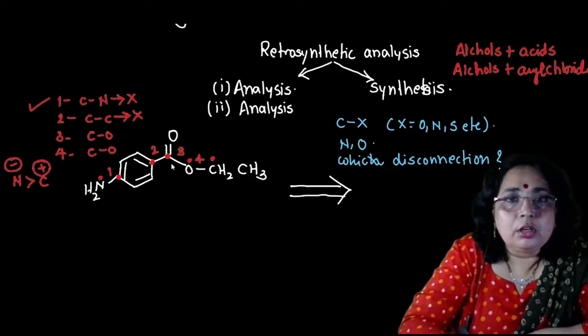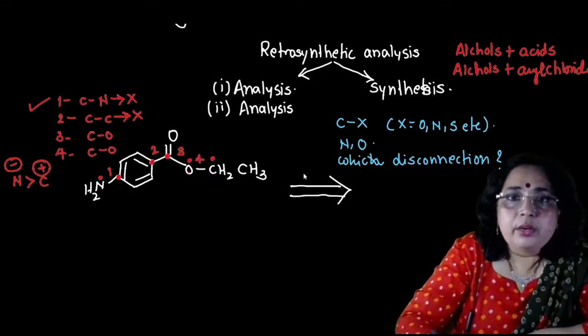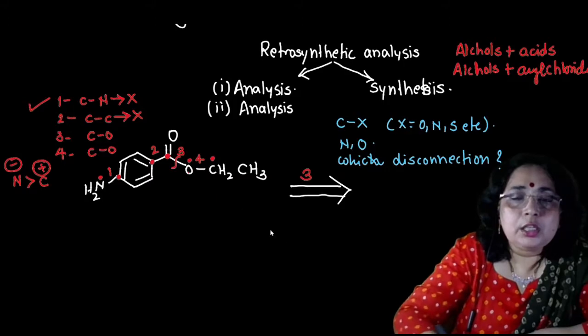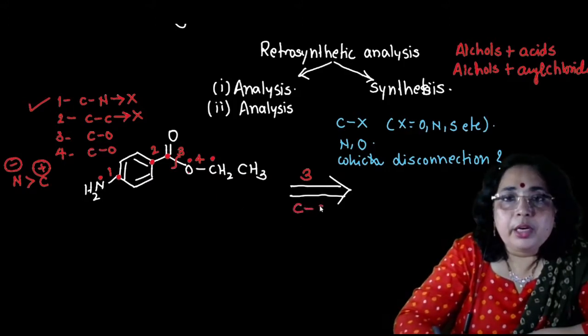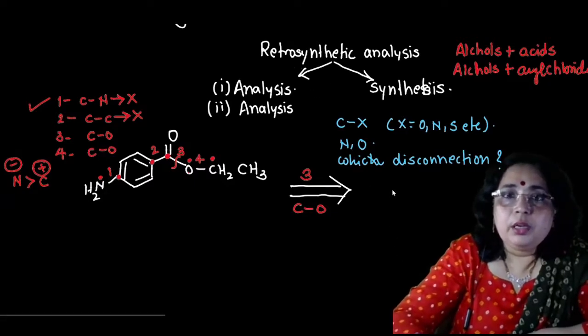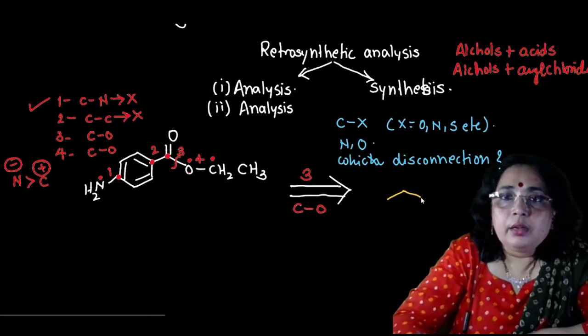Now this is your third disconnection. This is a very interesting one. What is this third disconnection? The third disconnection is C-O. So I am cutting here a C-O, and let us see what synthons I am getting over here and how it works.